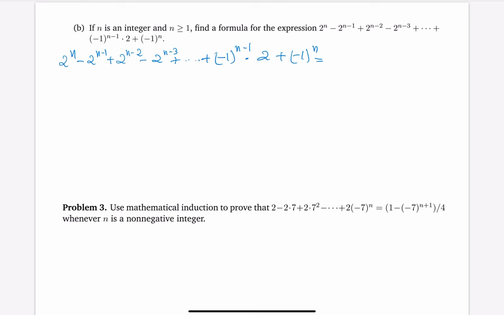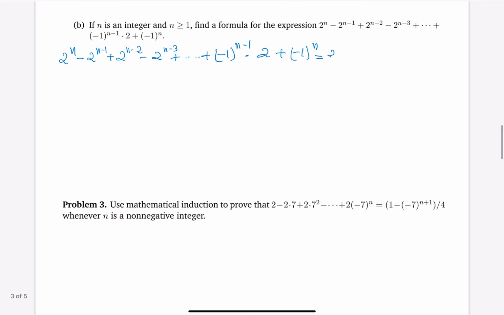Let me write it down again. You have 2 to the n minus 2 to the n minus 1 plus 2 to the n minus 2 minus 2 to the n minus 3, and here check negative 1 to the n minus 1 times 2 times 2 to the n divided by 2 to the n.